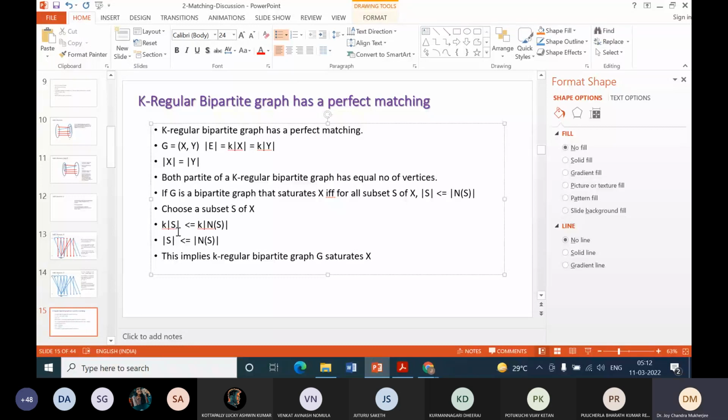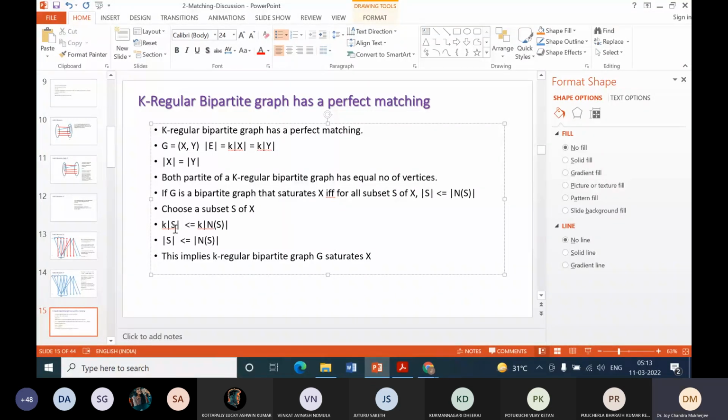All these edges go to the other part Y, where the number of vertices is NS. The endpoints of all the edges created by K into mod S, in the part at Y, basically constitute your NS. So it must be less than or equal to K into NS, because NS is the number of vertices in this neighbor set, multiplied by K.